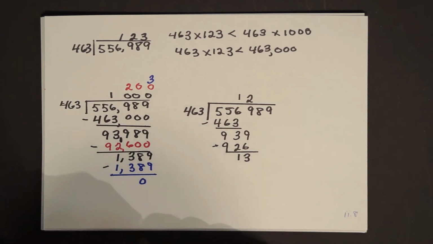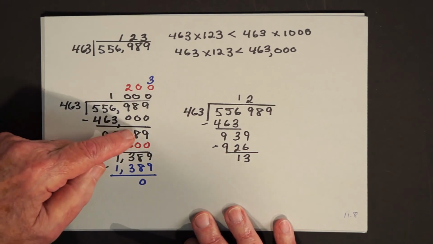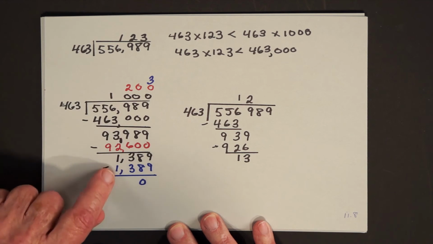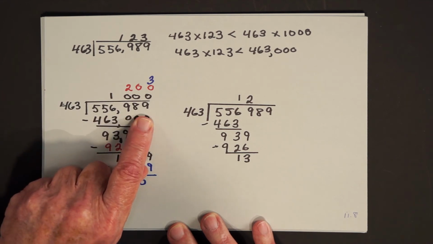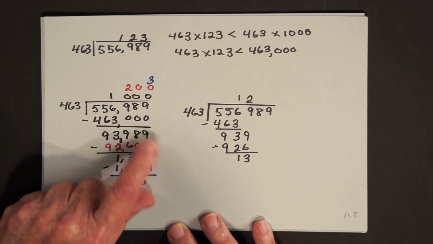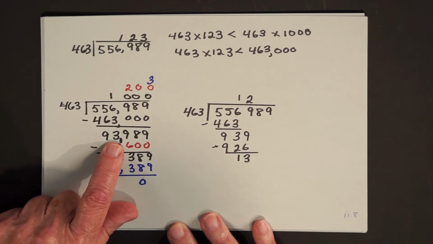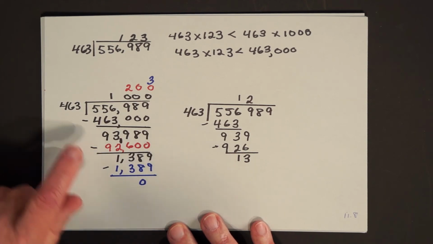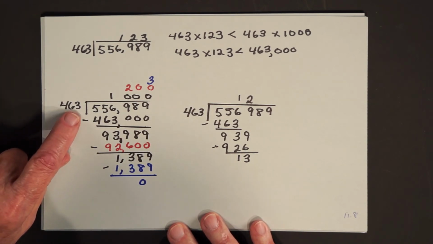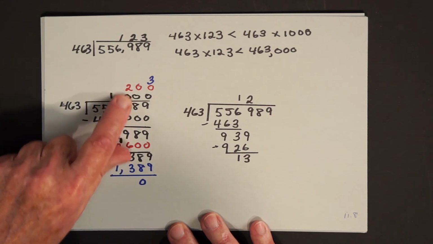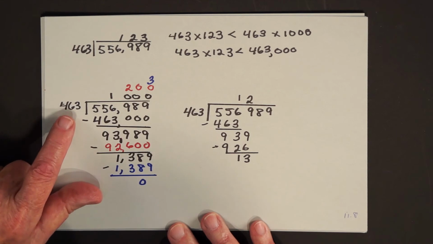And again, what went wrong is, let's do the problem the correct way, meaning the way we understand the adjective noun theme. When we put the 1 over here, the 1 really stood for 1,000. 1,000 463s is 463,000. When we subtracted, we got 93,989. Okay? Then we saw that 463 goes into 939 twice, but by putting the 2 over here, that was 200.